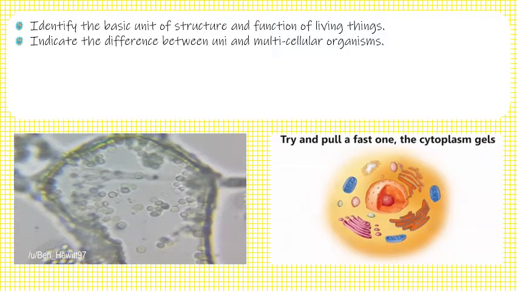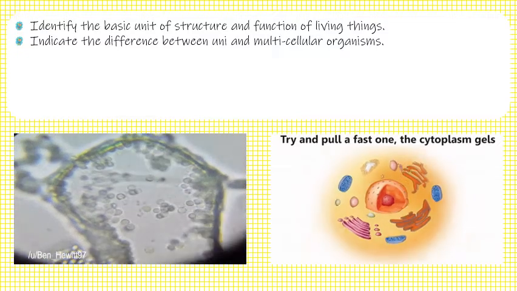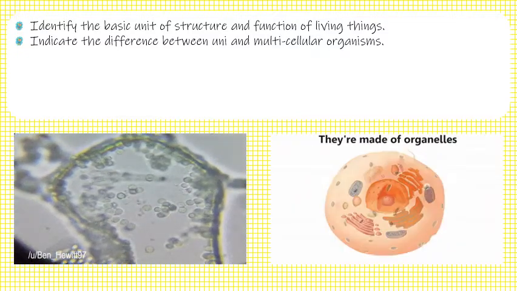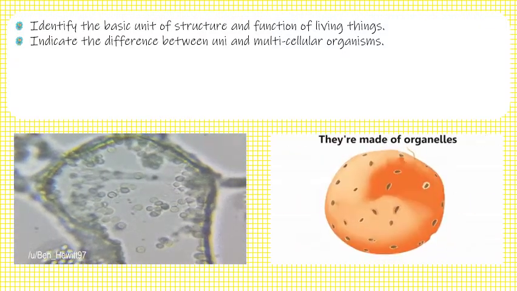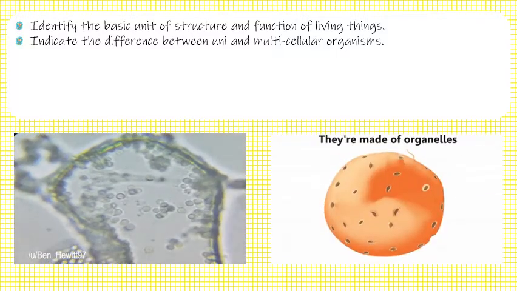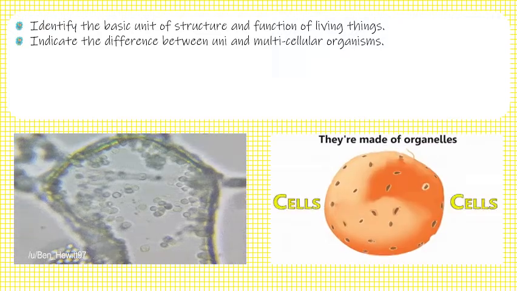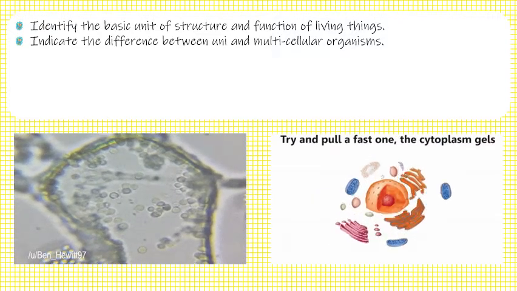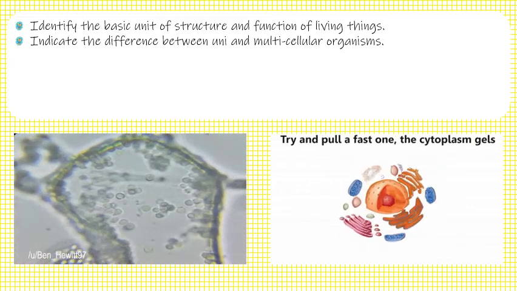These organisms are made of one single cell. Yes, it's one cell that can live by its own. This is an organism made of one cell only. We have also multicellular organisms like people, animals, plants, that are made of a huge and a large number of cells.